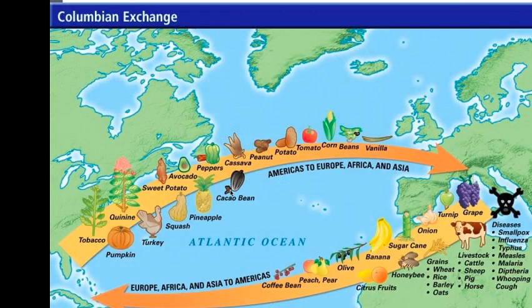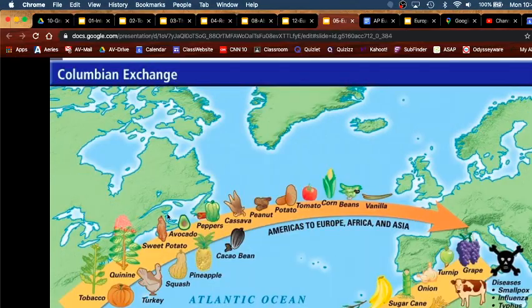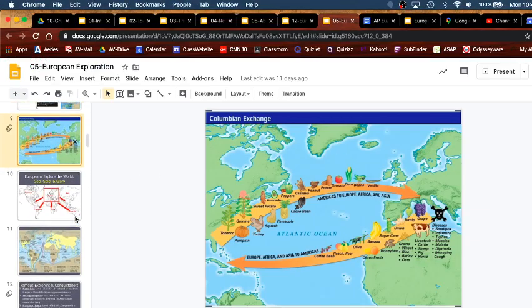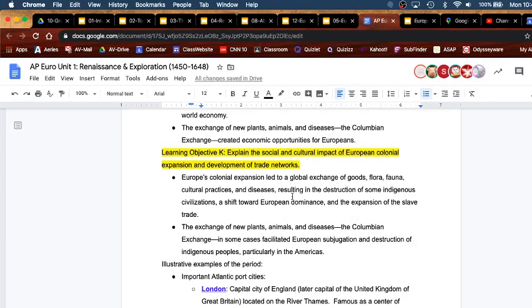But sometimes we like to focus on the foods. That's the fun part. The disease and the slavery is the ugly part. But the Columbian exchange is absolutely epic, and something that you need to understand in its scope because of how significant and serious it was. And so those are some of my slides that I used in class to try to teach people about this Columbian exchange.